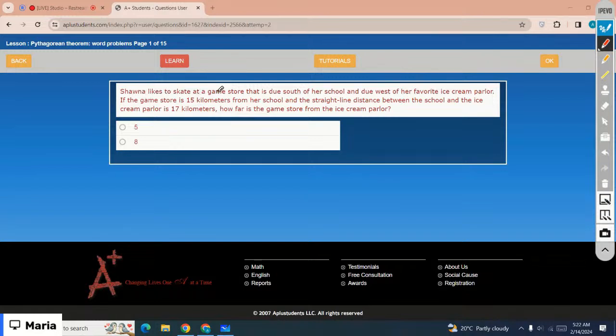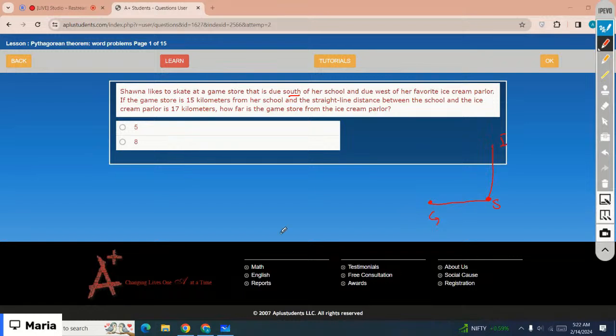Shauna likes to skate at a game store that is due south of her school and due west of her favorite. Okay, so here is her school, and on the south you have the game store, and on the west you have the ice cream parlor.